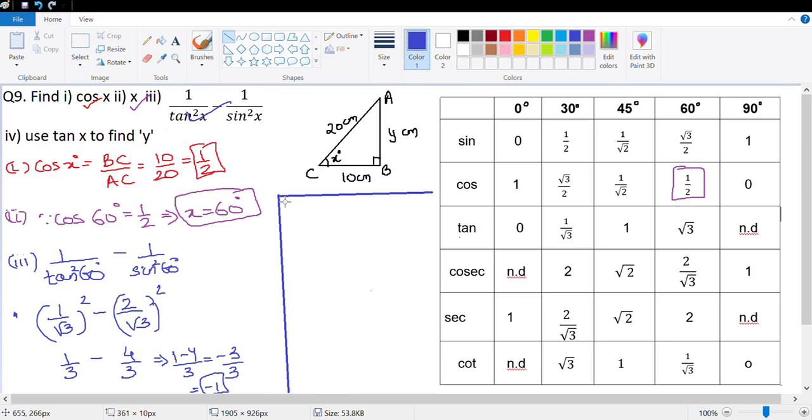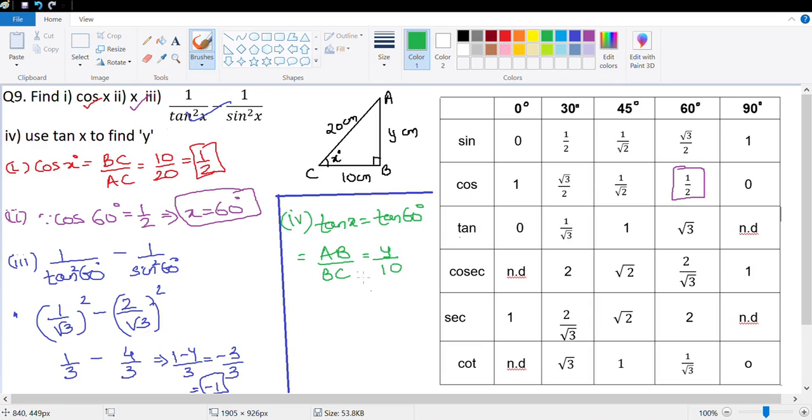So the third part of the question is equal to negative 1. Let's look at the last part. Last part is part 4. It says use tan x to find y. Now we know tan x is equal to tan 60 degree is equal to perpendicular upon base or opposite upon adjacent. So opposite is AB, adjacent is BC, and this is equal to y upon 10.